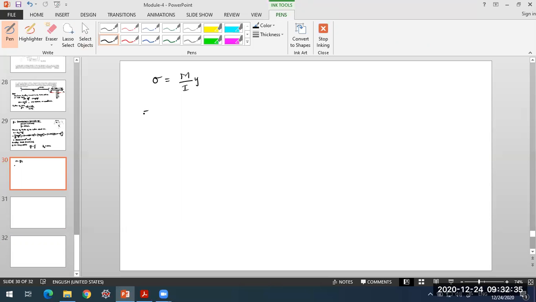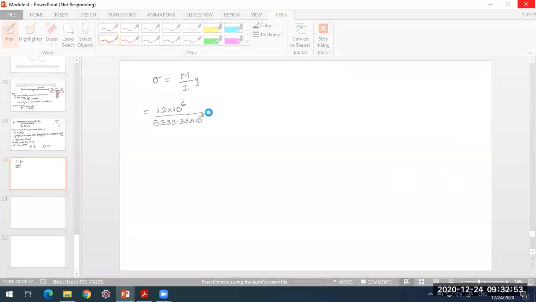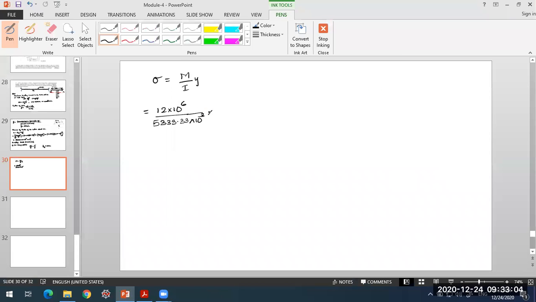So this will be 12 into 10 raised to 6 divided by the I value 533.33 into 10 to the power 3, into y top, because I'm first calculating the maximum compressive stress here.